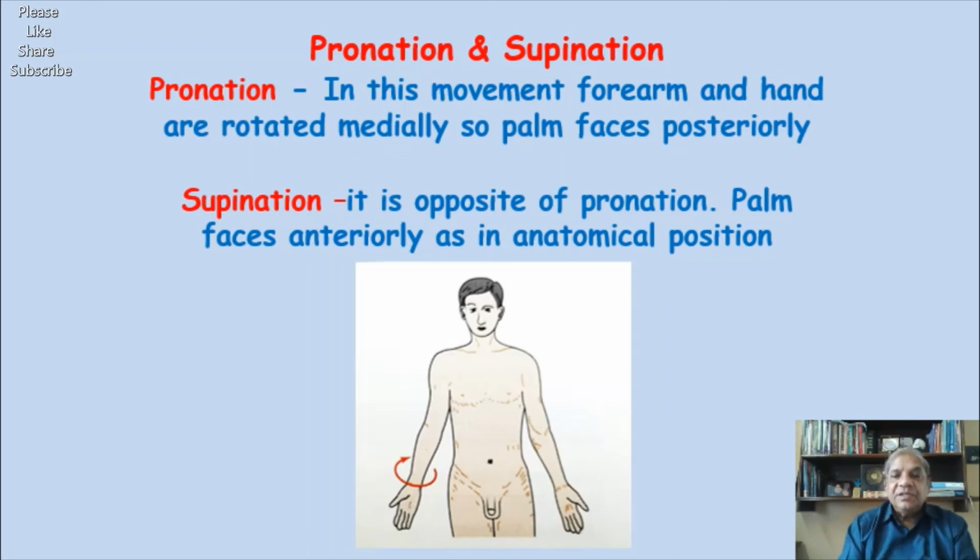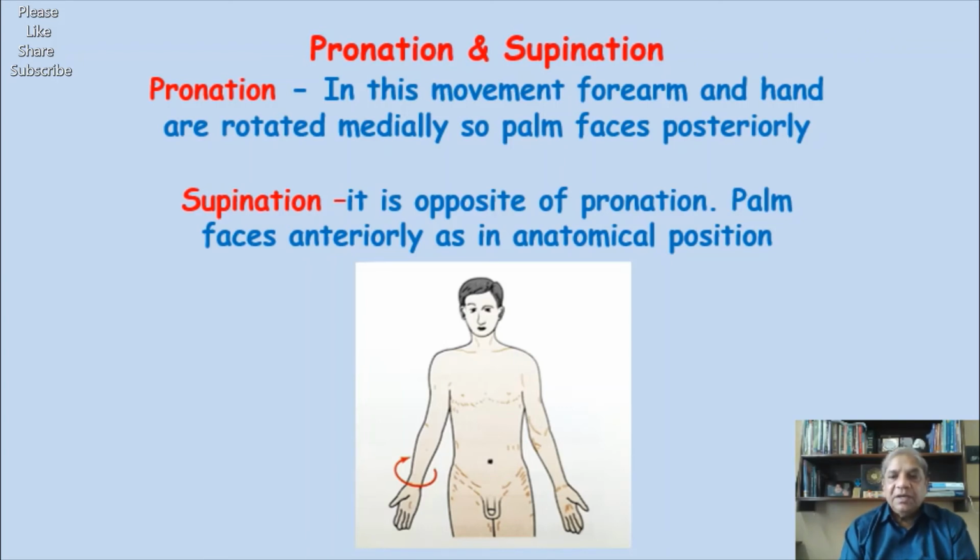That condition in the semi-flexed position at the elbow is called pronation. Just the opposite of this is supination. From this point you can rotate in the opposite, lateral direction.